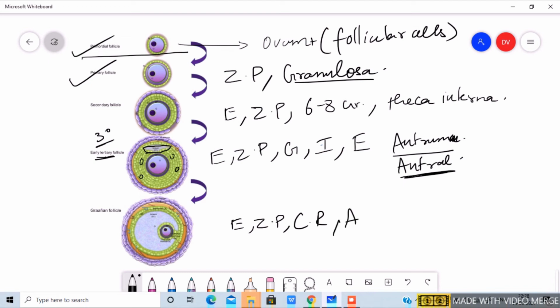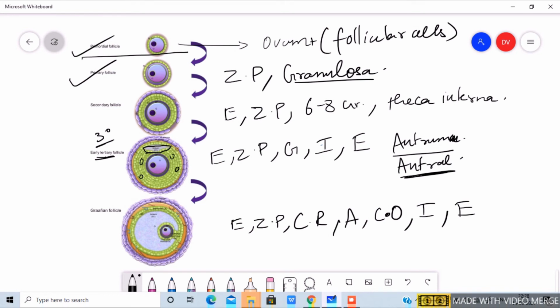And there is a bridge of cells which is getting connected to the granulosa layer, right? That is known as the cumulus oophorus. And then you have the theca interna and then the theca externa. So this is your complete mature Graafian follicle. Understood? Hope you guys got it.